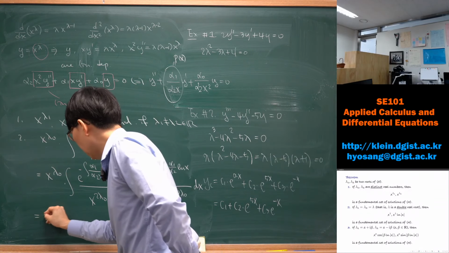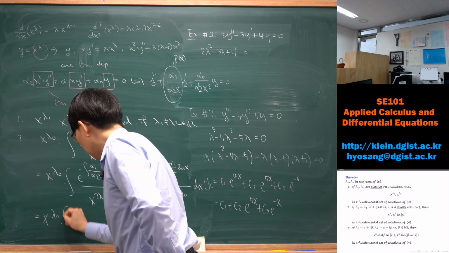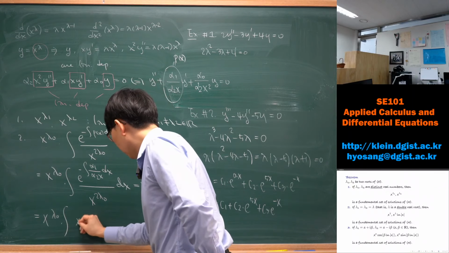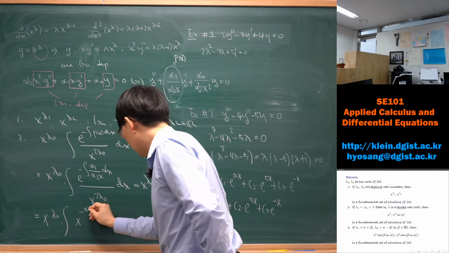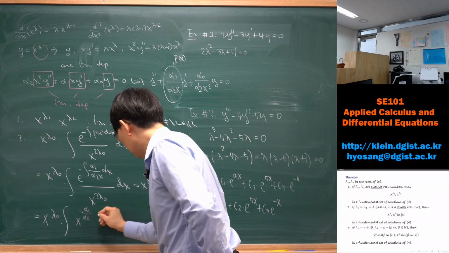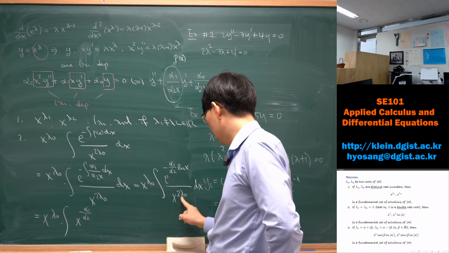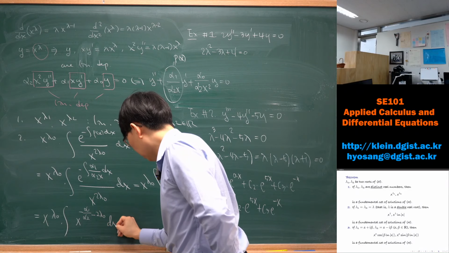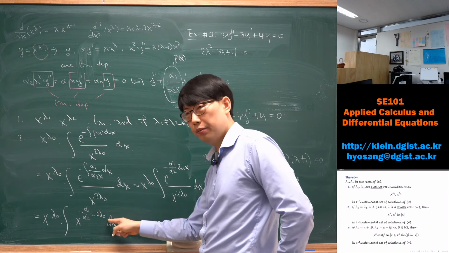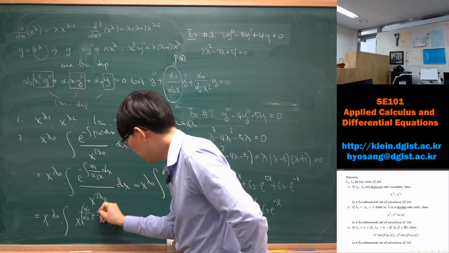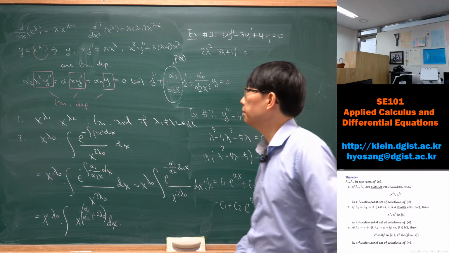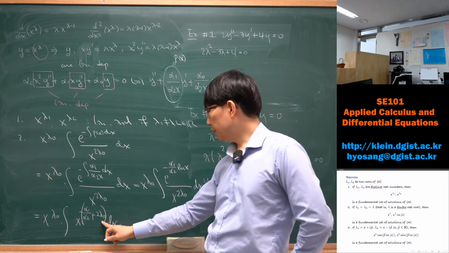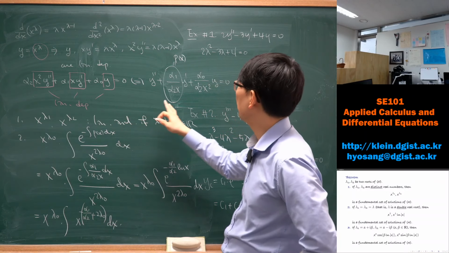So we have x to the lambda 0 times the integral of x to the minus alpha 1 over alpha 2, and then x to the lambda 0 squared dx. And this becomes 0 because, if I put parentheses here, lambda 0 is a root.